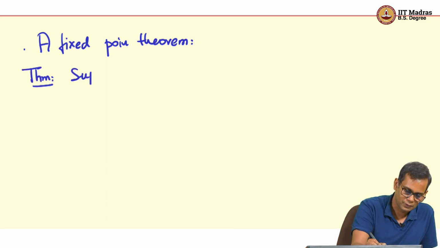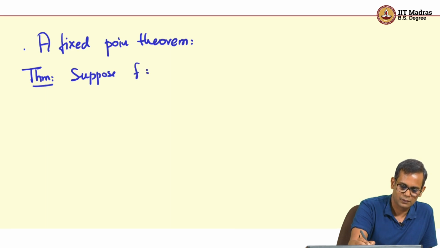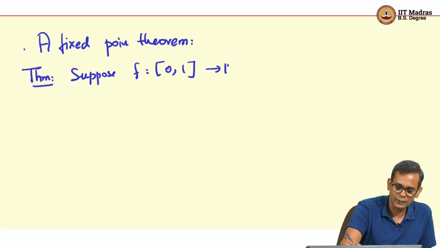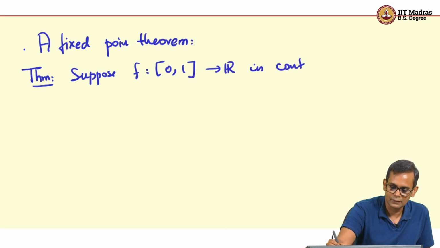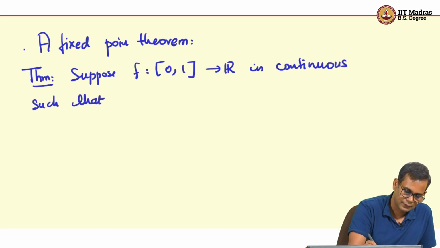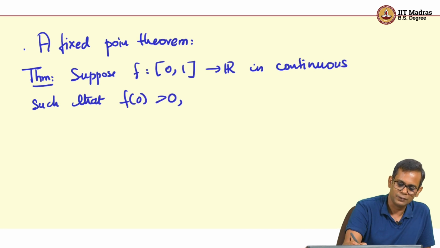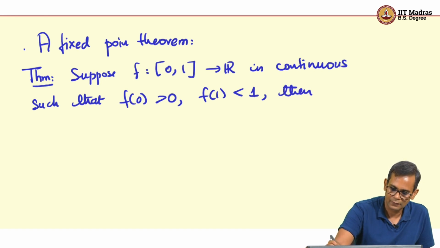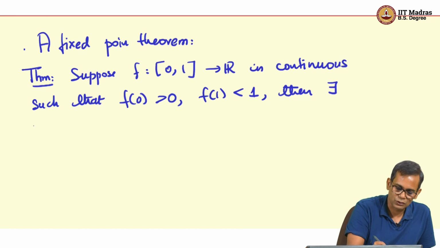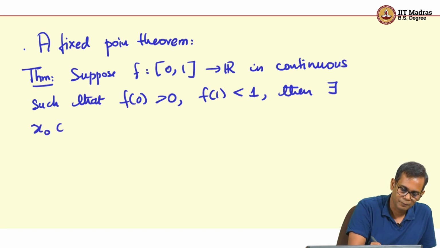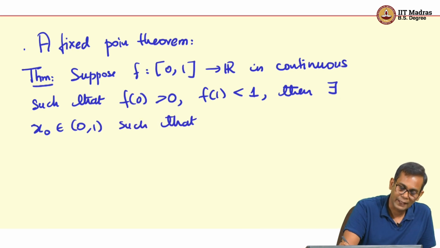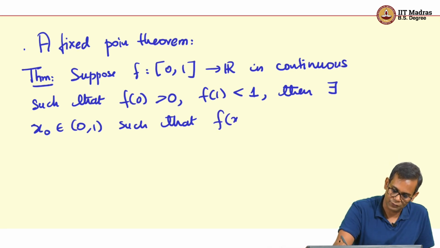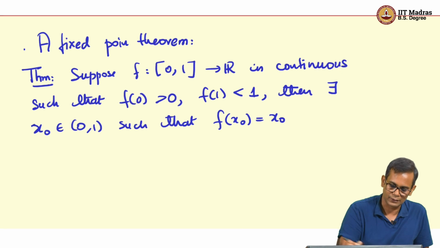Suppose f from the closed interval 0 1 to R is continuous such that f of 0 is positive, f of 1 is less than 1, then there exists a point x naught between 0 and 1 such that x naught is a fixed point for the function f. So, f of x naught is equal to x naught.